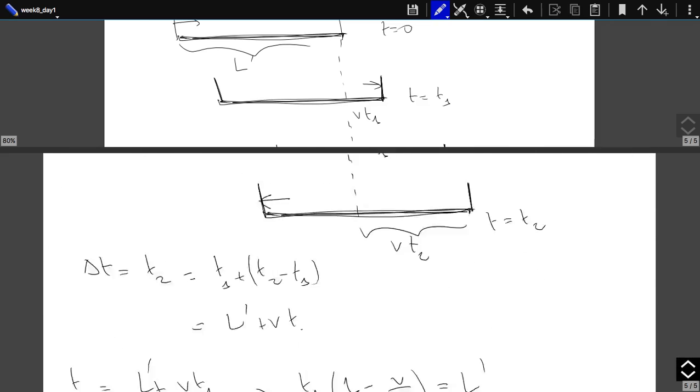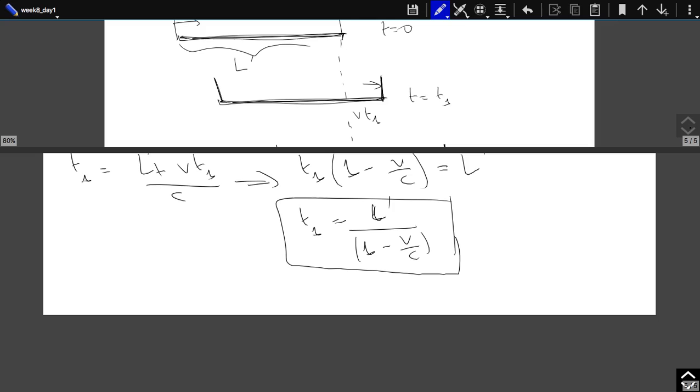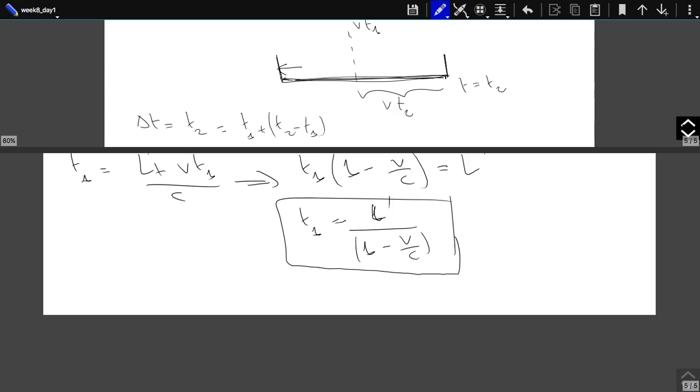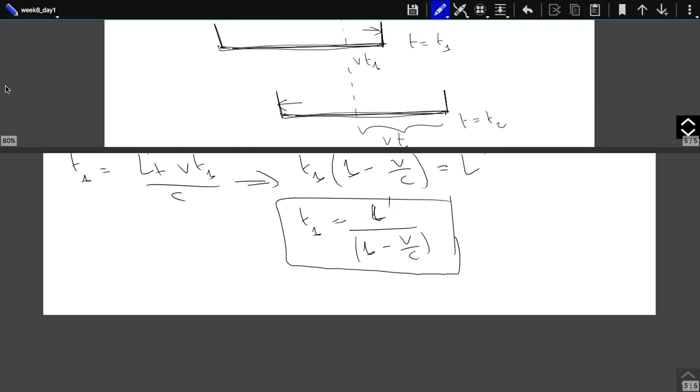So we know what t1 is. Now let's look at t2 minus t1. Basically, t2 minus t1 is the time that the light ray took to reach the beginning after being reflected.